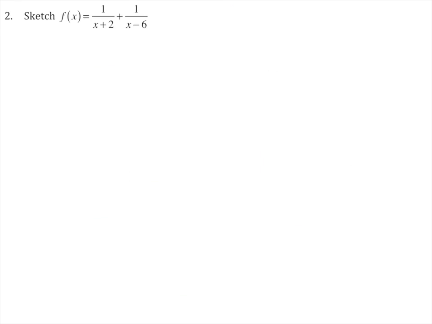Righto, question number 2. With question number 2, we'll notice first up that there are actually 2 fractions. Well, step 1, preparing everything, we actually had to merge them and get a combined fraction. So we're going to say that this becomes, get a common denominator, so it'll become (x - 6) plus (x + 2) over (x + 2)(x - 6).